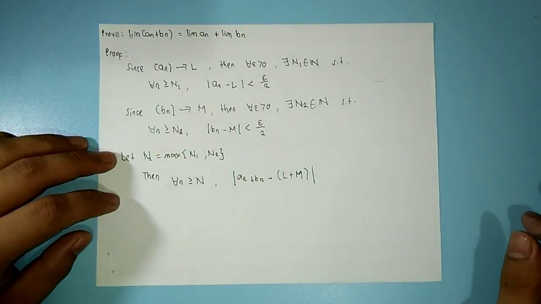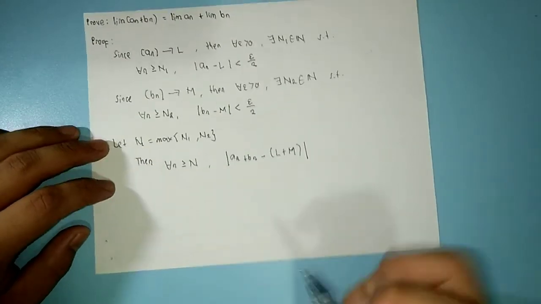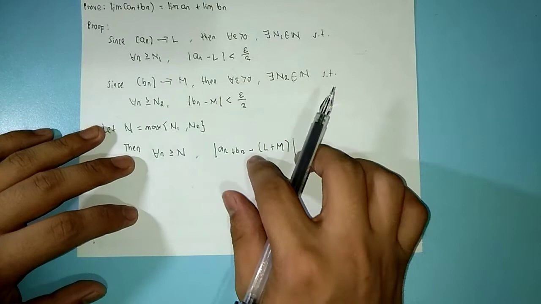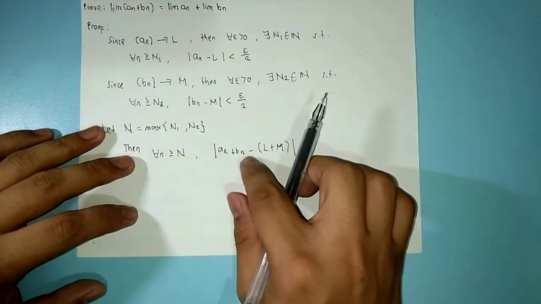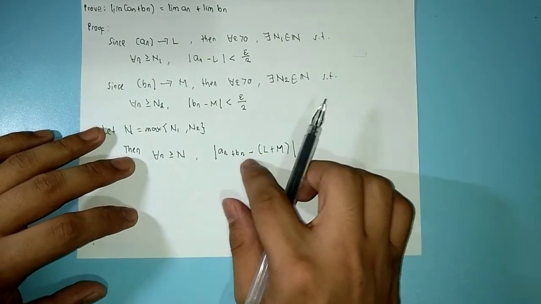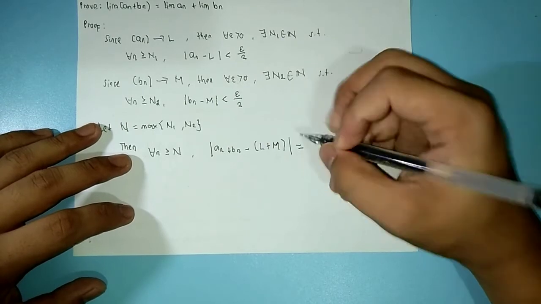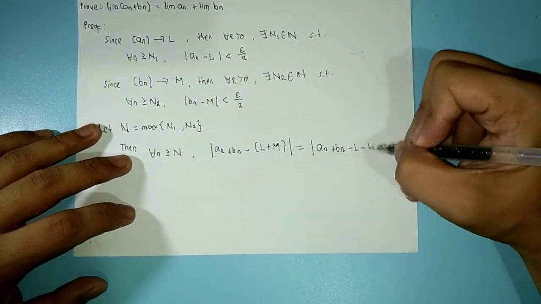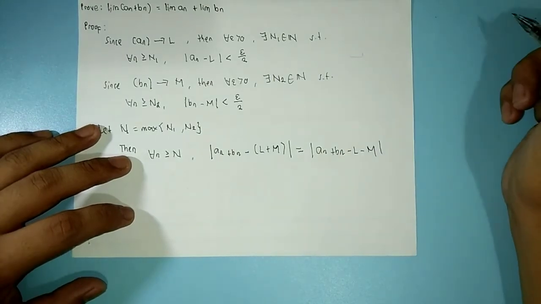Okay? Now, so, absolute value of a sub n plus b sub n minus quantity L plus M, pwede nating i-distribute yung negative. So, magiging ano siya? This is equal to absolute value of a sub n plus b sub n minus L minus M. Okay?